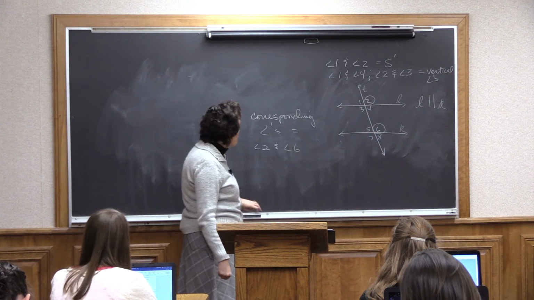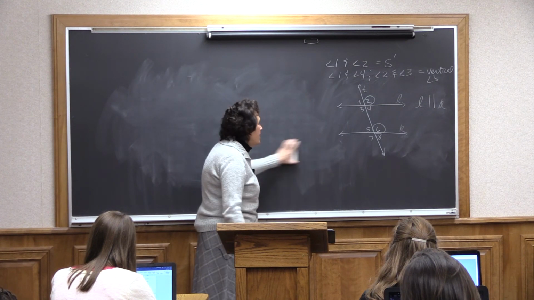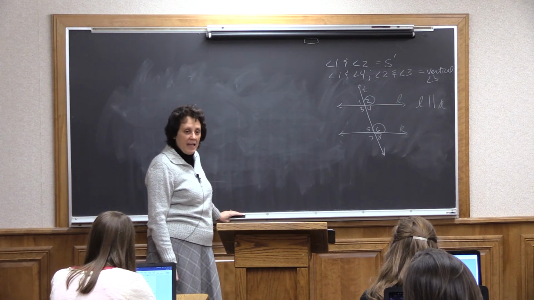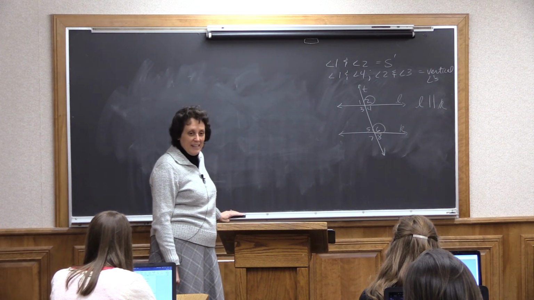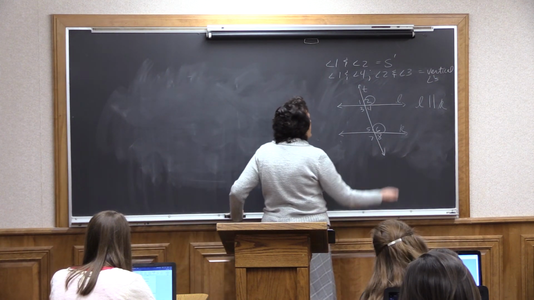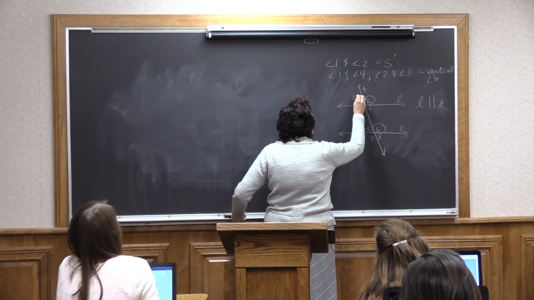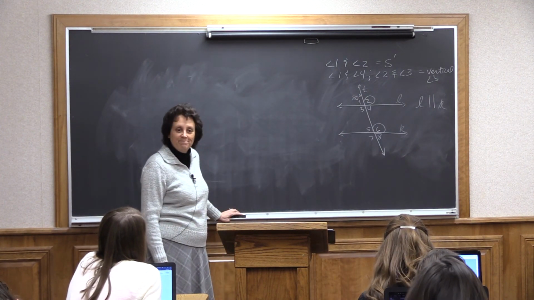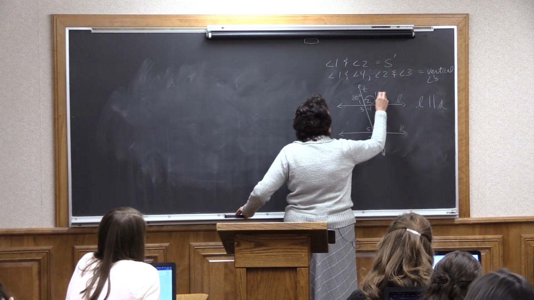Those are corresponding angles. And then, you remember this from junior high probably, and from high school, we can also have other equal angles. So let's say that angle 1 is 80 degrees. What is angle 2? Morgan? 100 degrees. 100.